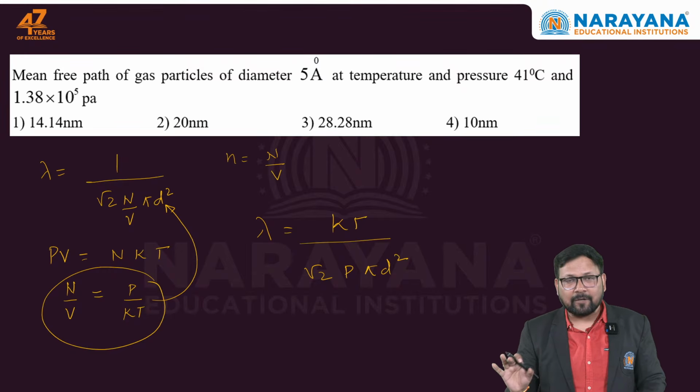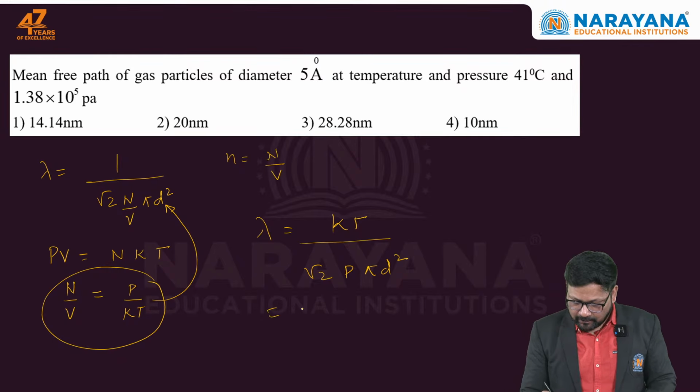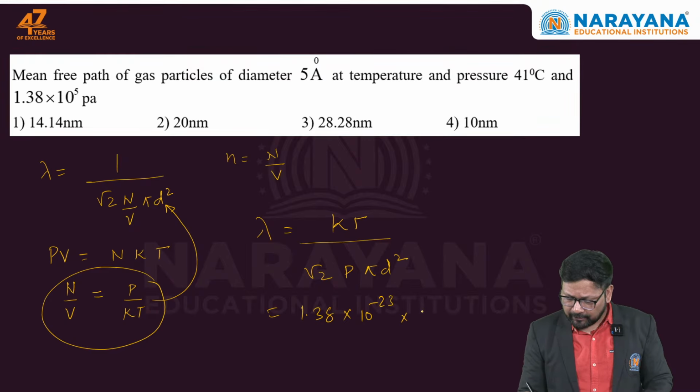Now all the value substitution, you can see 1.38 into 10 raised to power minus 23 into 4 into 10² is 314 upon root 2. Pressure is given as 1.38 into 10 raised to power 5.